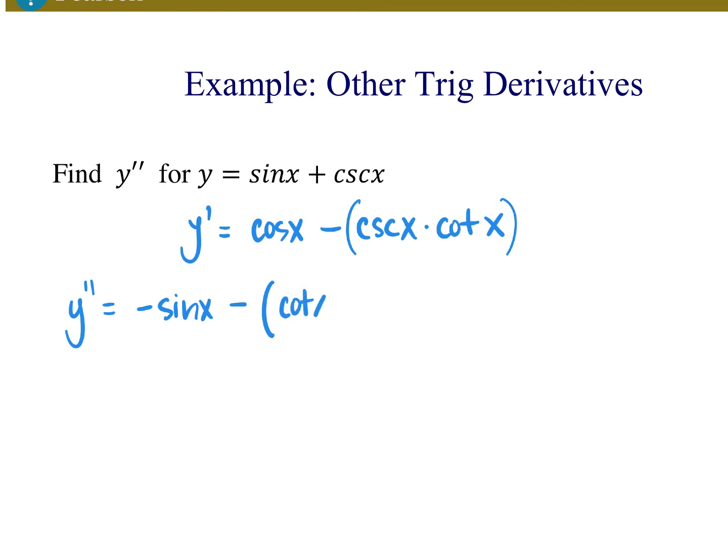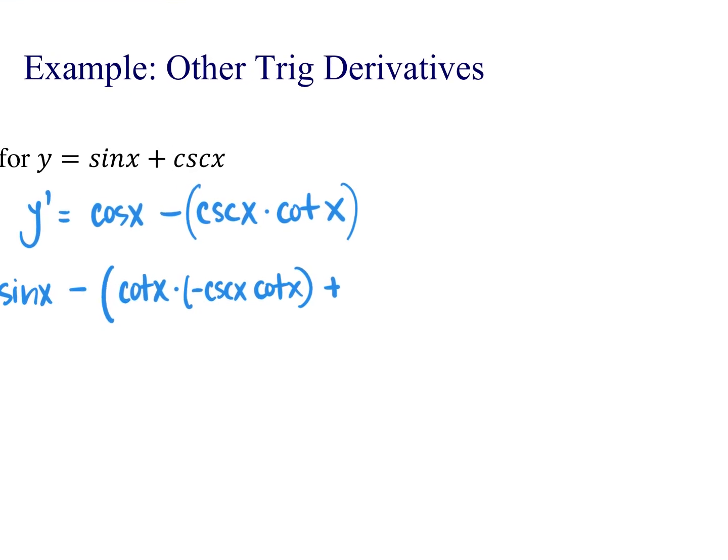Okay, cotangent x times the derivative of cosecant again, which is negative cosecant x times cotangent x, okay, plus, now the product rule for that. So now plus cosecant x times negative cosecant squared x. And then big parenthesis to finish that out.